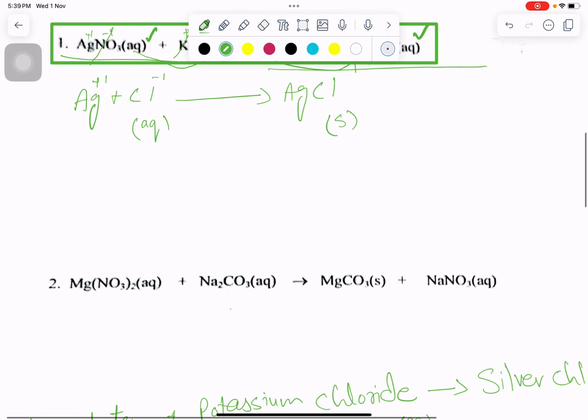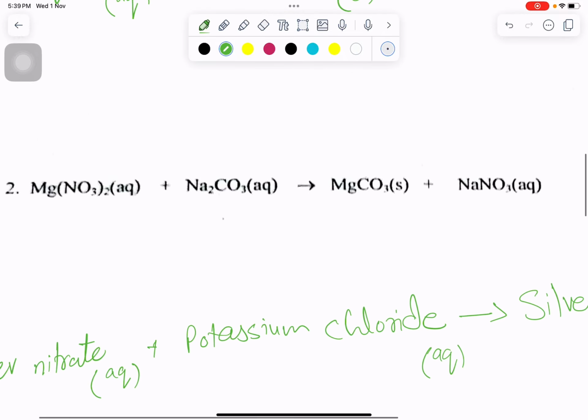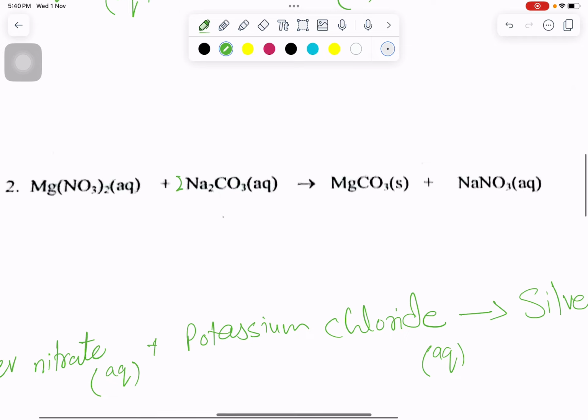Now moving towards another example which is over here. Firstly you have to balance, and to balance this, multiply it by 2 and multiply it by 2 as well.